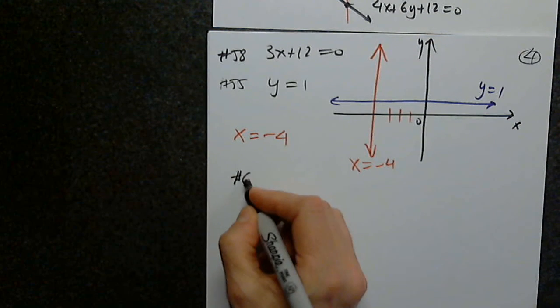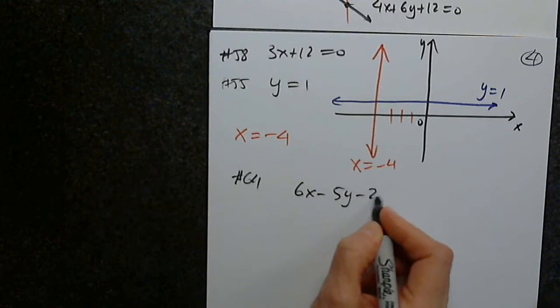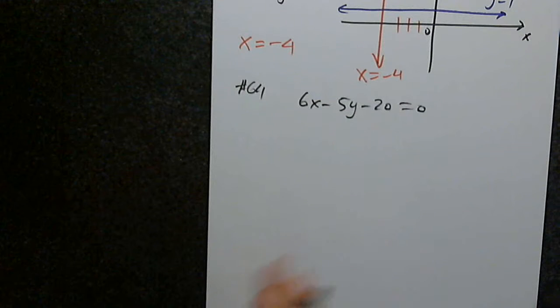Okay, please work on 64, which is 6x minus 5y minus 20 equals 0. We're asked to graph this equation using x and y intercepts.